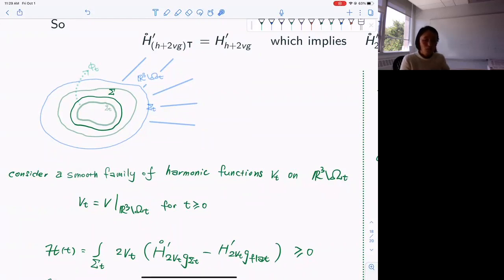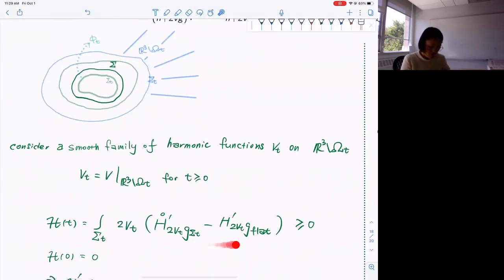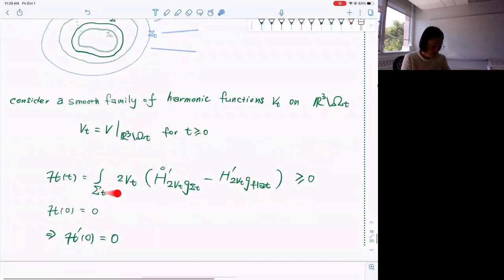Because Vt is harmonic, this functional should always be non-negative. In particular, we can choose this family Vt to equal V in the exterior region, because we already have V defined there, so we just restrict the value of V to those exterior regions.